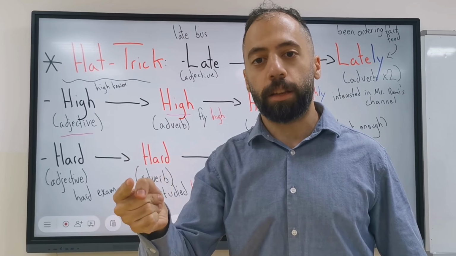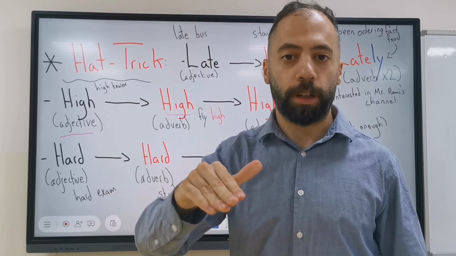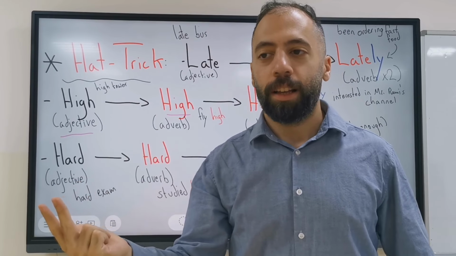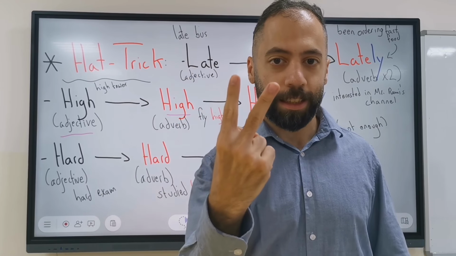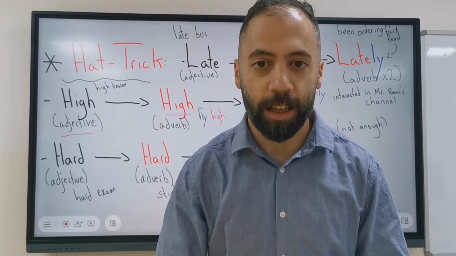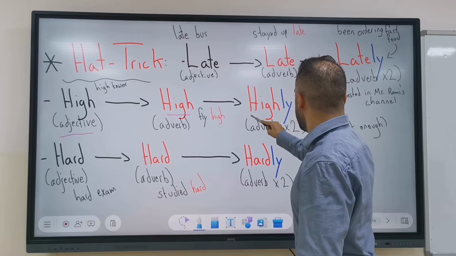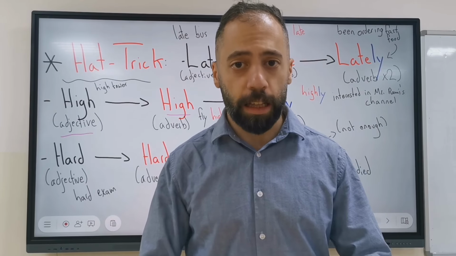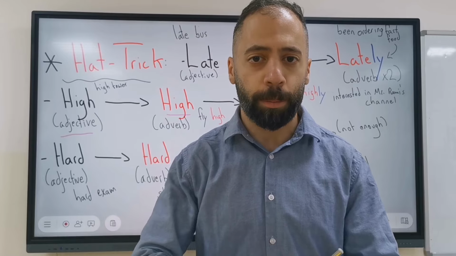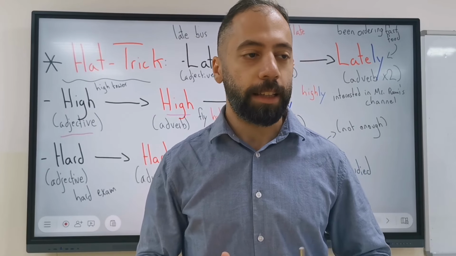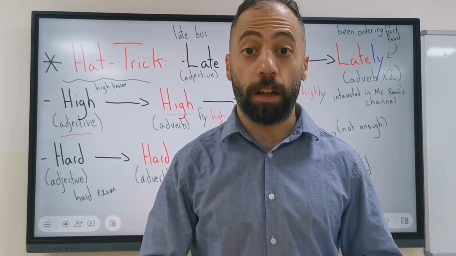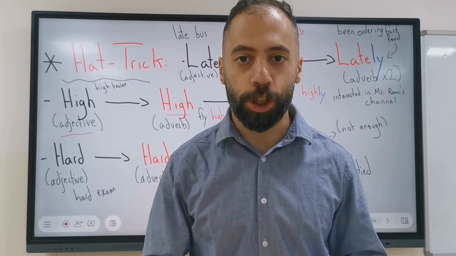So here high is an adverb describing the verb fly. But I even have a third word, which is technically the second adverb. It's when I add ly. Now highly with ly it's an adverb, but it has nothing to do with something being high above the ground. Now, highly is similar to very, or a lot, or so much.